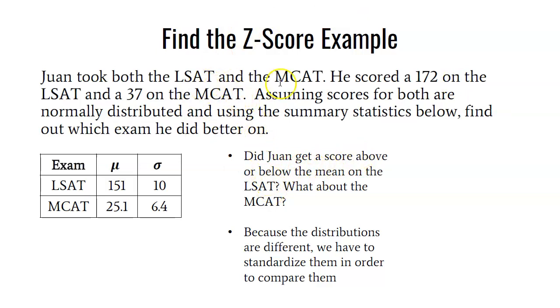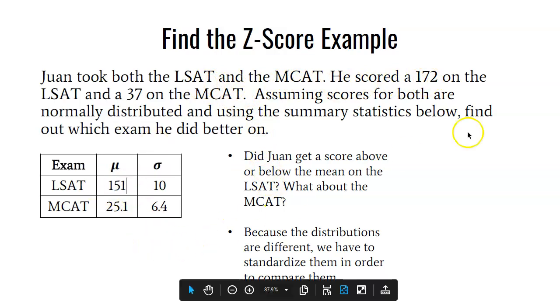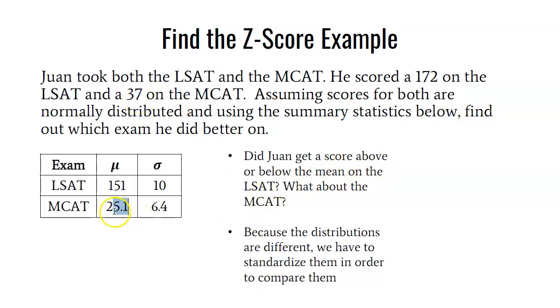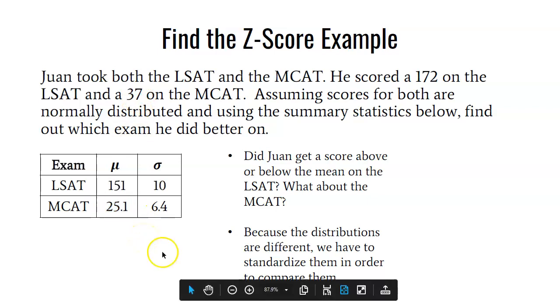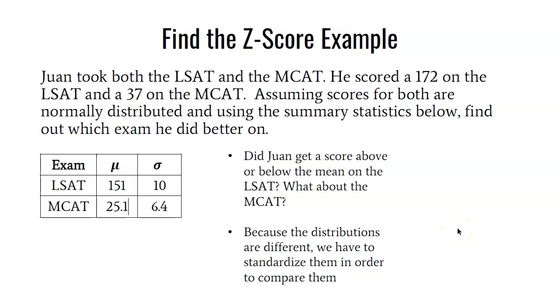His score was 172, and the mean LSAT score is 151. And what about the MCAT? He got a 37, and the mean MCAT score is 25.1. Great. So we don't have enough information yet to say which one he did better on, because he did better relative to the mean on both of them. How much better than the mean did he do? That's basically what we're asking.